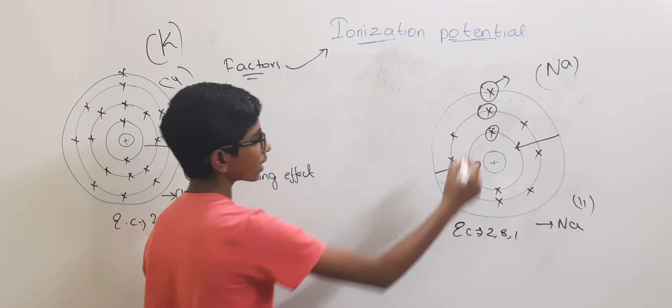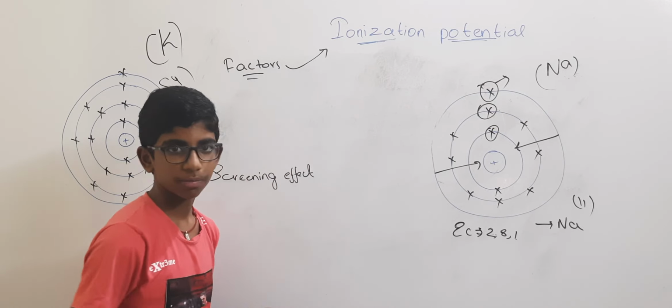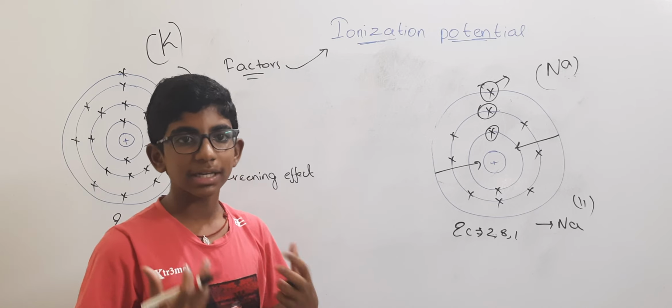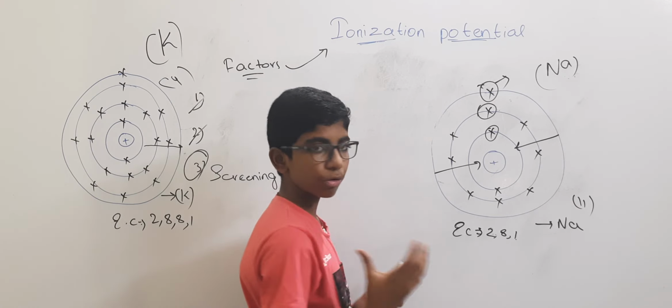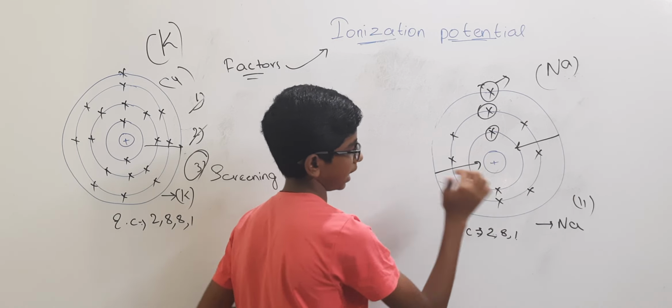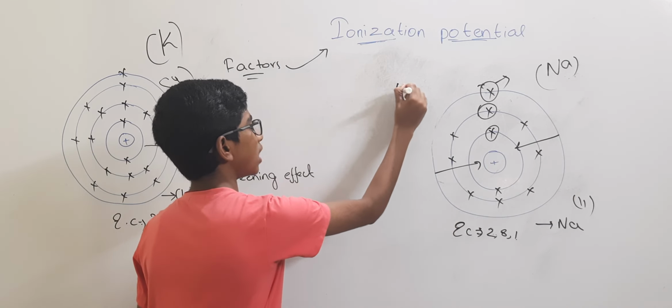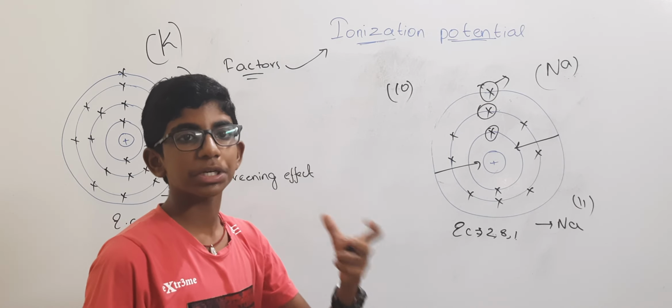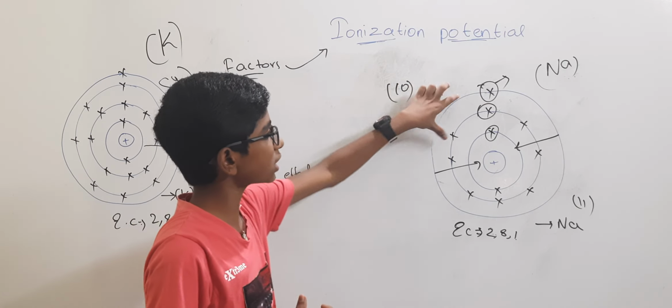In the sodium, the valence shell is this one, the valence electron. For this valence electron, how many inner electrons are repelling? Well, we have to count them. 1, 2, 3, 4, 5, 6, 7, 8, 9, 10. There are totally 10 electrons which are shielding the attractive force from the nucleus.